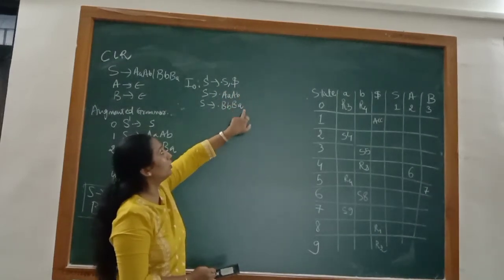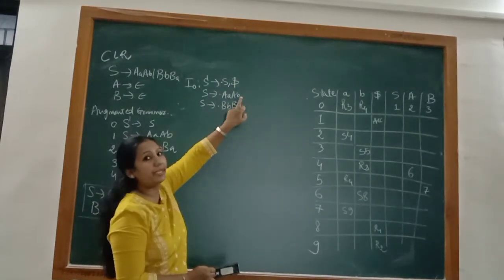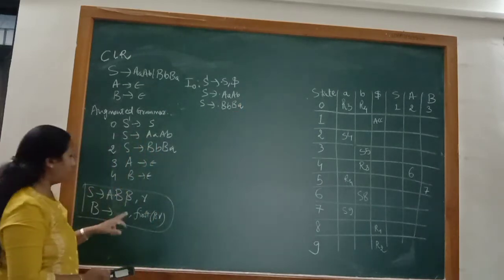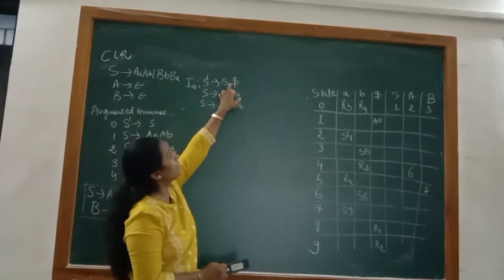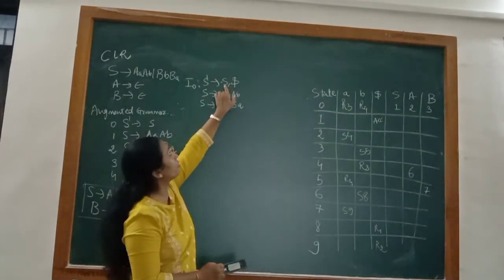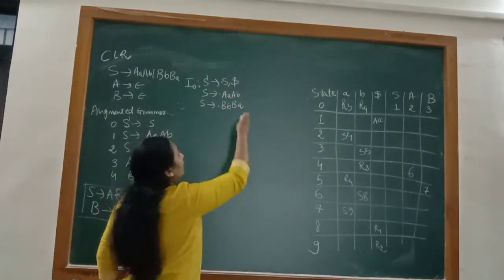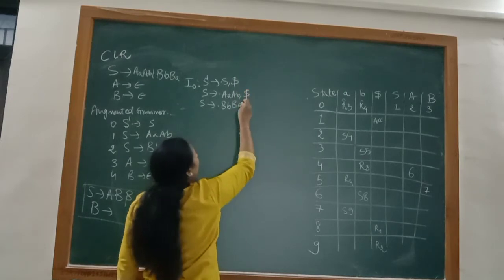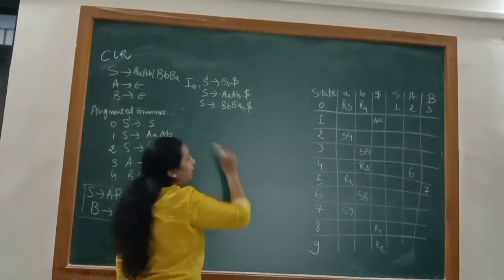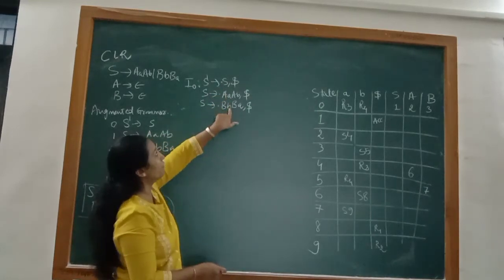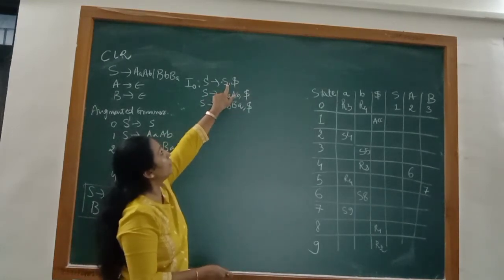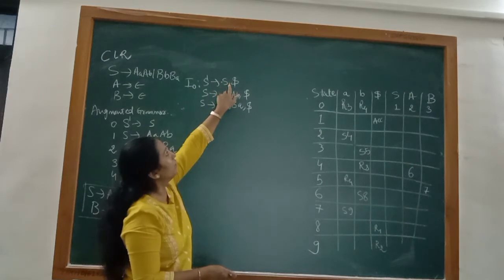To include the lookahead in both of these productions, I need to follow this rule and calculate first of beta gamma. Here beta is absent and gamma is dollar, so first of beta gamma would be dollar. So dollar and dollar. Again, when we apply a closure operation in the production of S, we calculate the first of the next symbol.